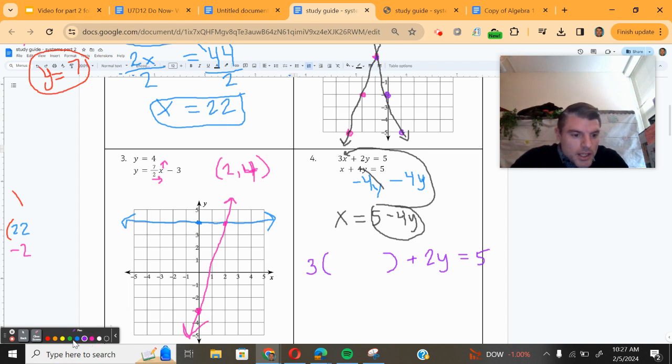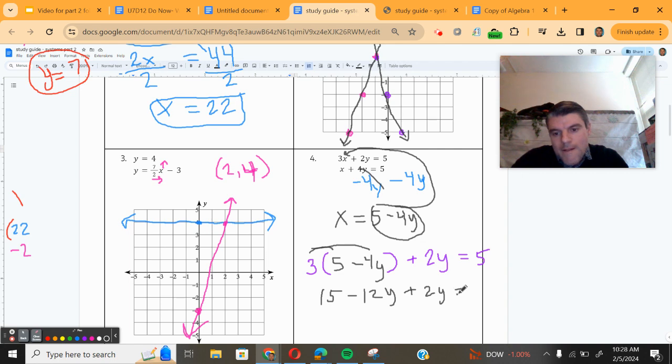I'm going to plug in 5 minus 4y for x. I'm going to distribute. I'm going to get 15 minus 12y plus 2y equals 5. Combine like terms.